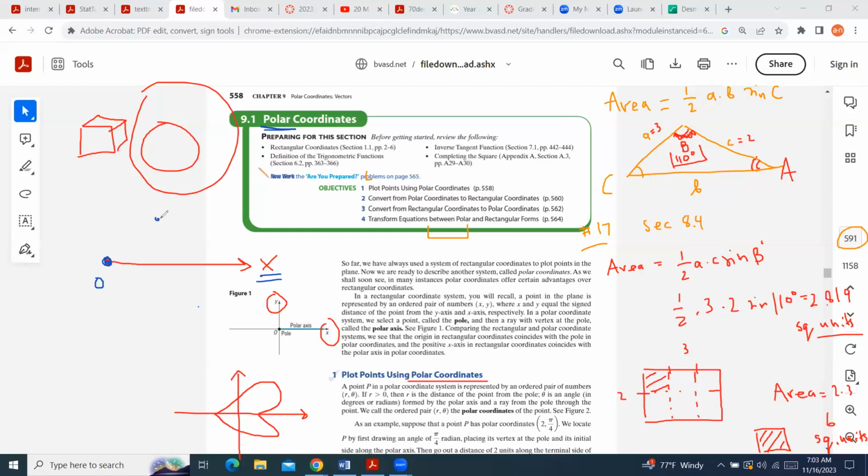So this way we can take any point and describe it with two things. First will be the distance, that's called radius, as if you rotated your x-axis. So that distance called r, and angle called theta.